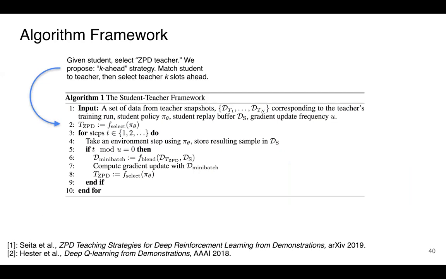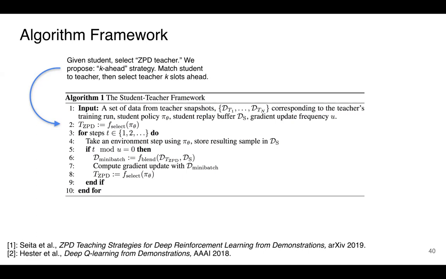It takes the current student performance based on reward, matches it to the closest teacher performance, and then we just advance the teacher index by K. With high probability, this will pick a ZPD teacher that's a little bit further ahead of the current student in terms of performance, but not too far ahead.